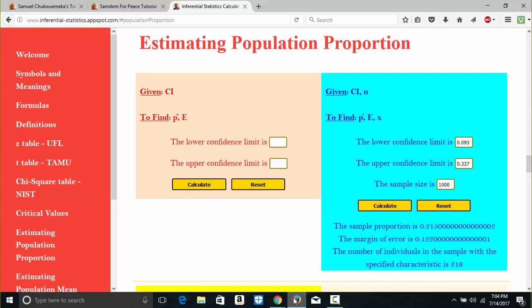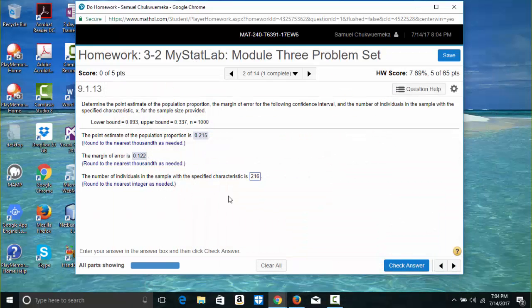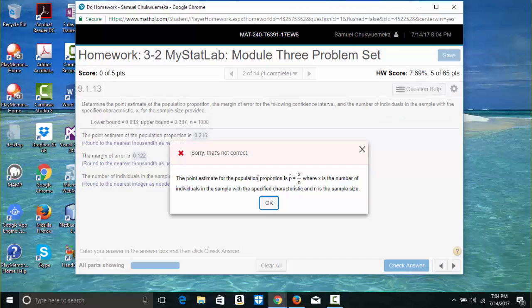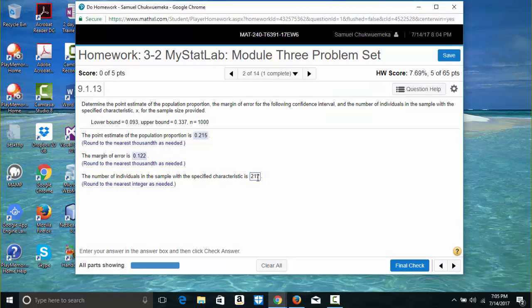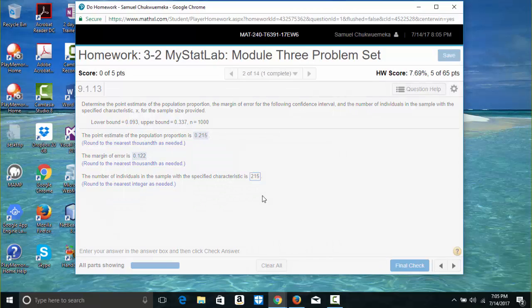Okay, let's look at it again. Number of individuals in the sample with the specified characteristic. We put 216 and it says no. Just try 217. Okay, try 217. Okay, you try 215. Try 215.